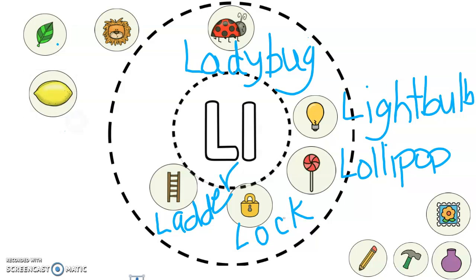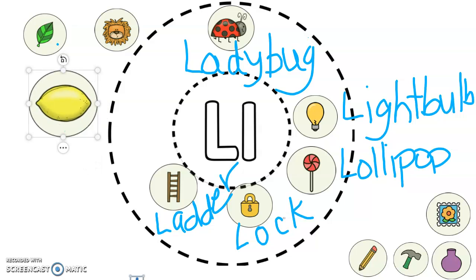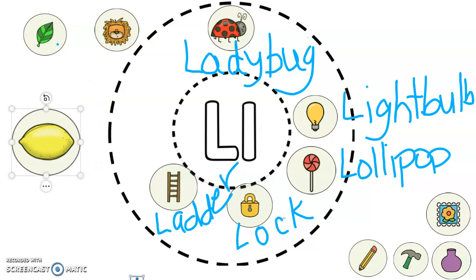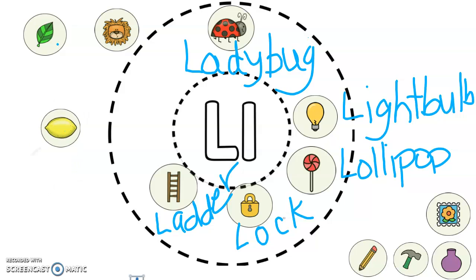All right, our next picture is a fruit called a lemon. Boys and girls, should I put lemon in our chart? What do you think? Yes or no? Yes. Let's move her in there. She starts like ooh. What sound? Ooh. How do I write ooh?